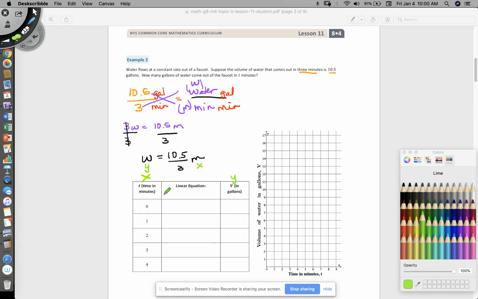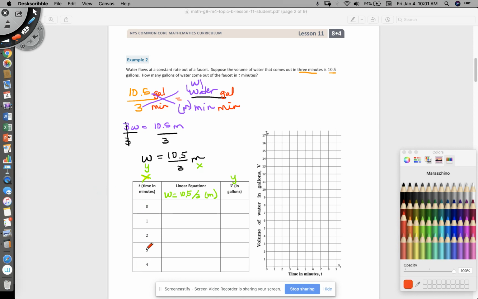So I'm going to go ahead and keep with my variables just because I already worked with those. So we have Y equals 10.5, make sure my decimal shows up there, divided by 3 times M. All right, so times the minutes or times your X.